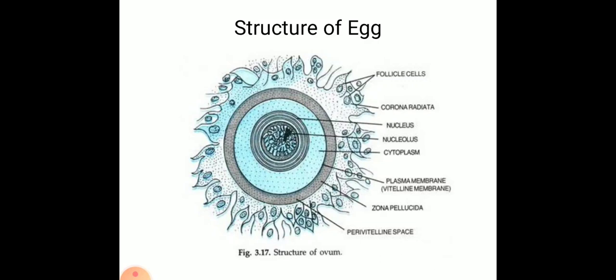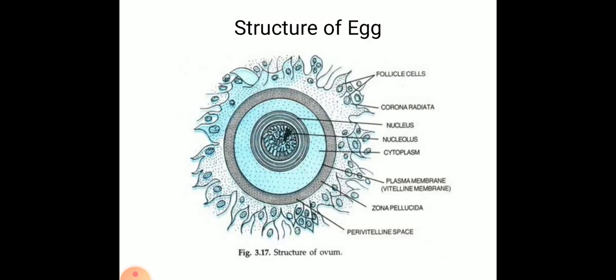In which form is the nucleus, haploid or diploid? It is haploid, because the male gamete is haploid and the female gamete is also haploid. The union of the male and female gametes is called the zygote, and the process of forming the zygote is called fertilization.